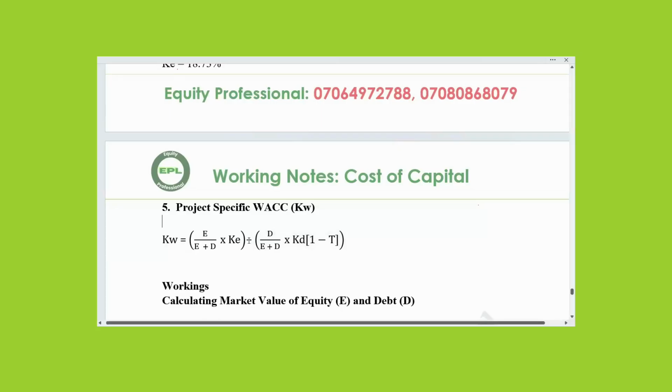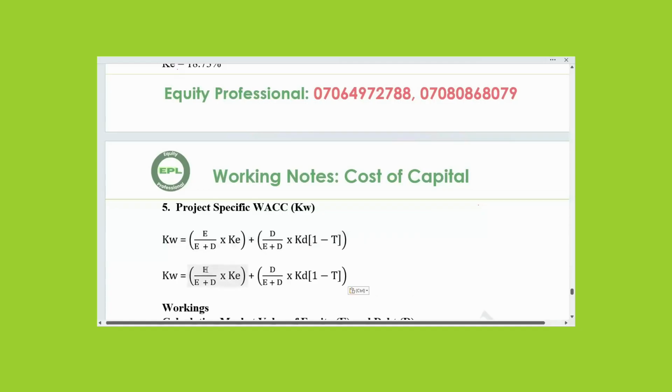If it doesn't come as a standalone question, it may be tested under capital budgeting or under business valuation. As we proceed, we'll be seeing more of this.